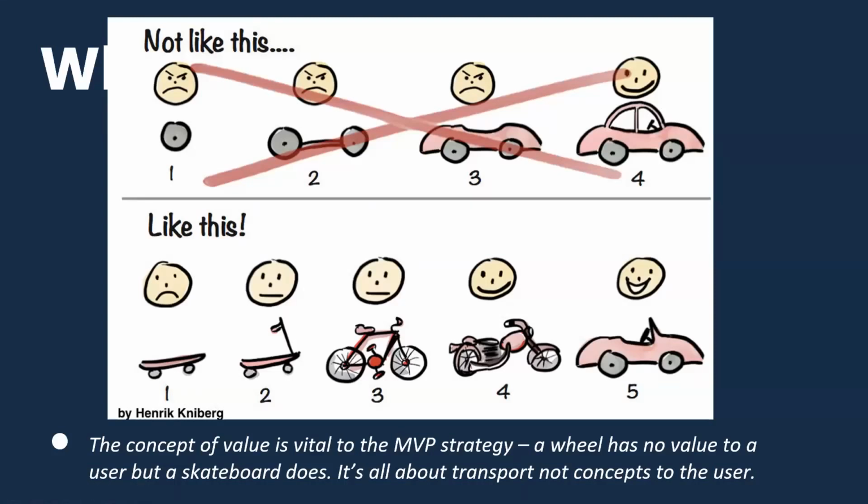But in providing iteration, maybe there could be your skateboard until such time you're able to develop a bike. Well, that's better than the skateboard, using the bicycle. So meaning to say you improve your MVP and then somehow reach the ideal stage.